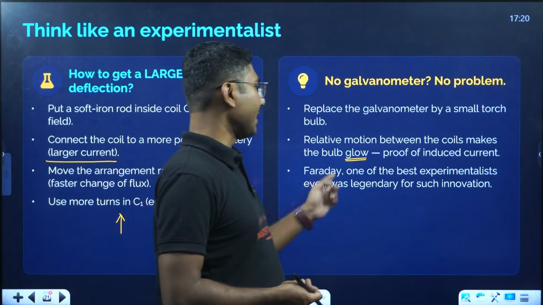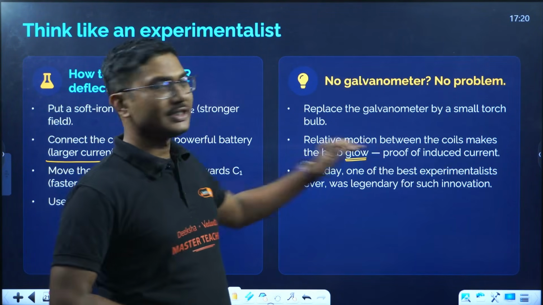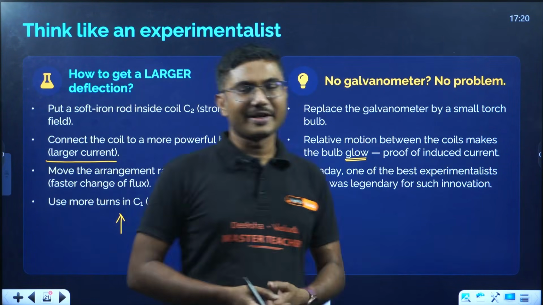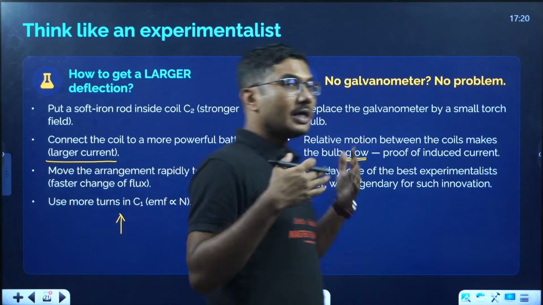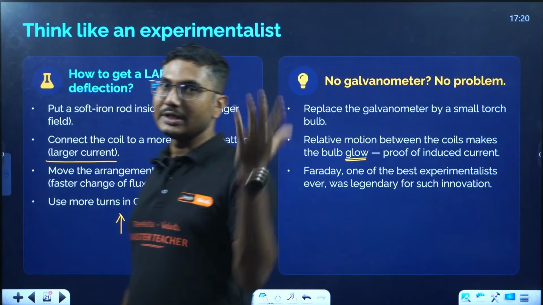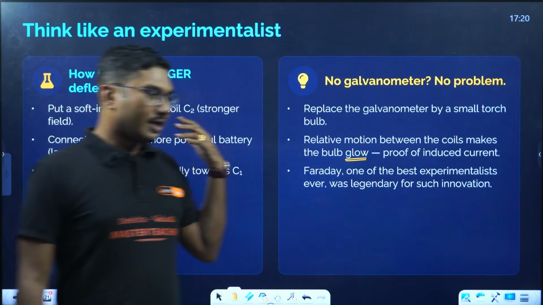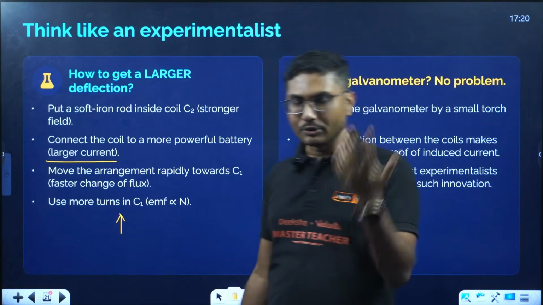Faraday, one of the best experimentalists ever, was legendary for such innovation. There are some people who are theorists, some of them are experimentalists. Newton was somewhat balanced between theory and experiments, though mostly he was into theory.